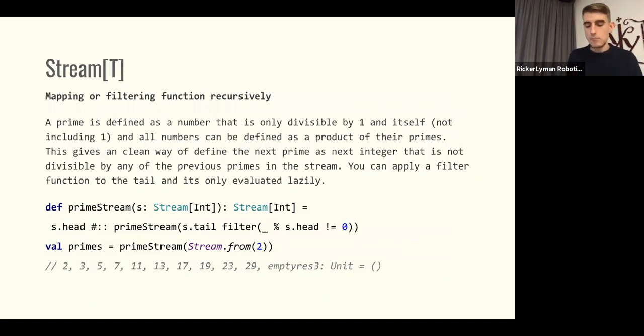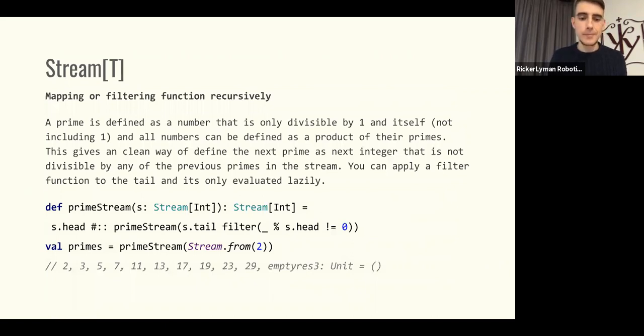And again, every time the computation will not happen until we take values out of the stream. And this is the way we can define prime numbers. Very concise way of getting the list of prime numbers. I would say one of the most concise syntax ever.